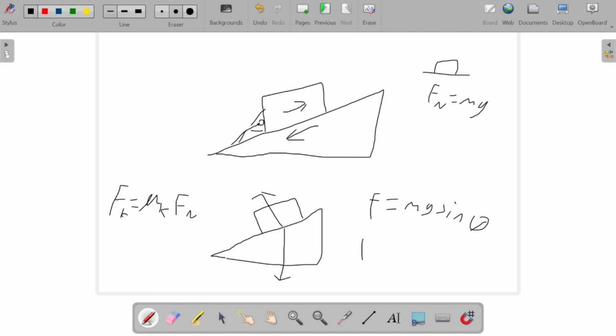The Fn, in this case, is going to be mg cosine theta, where I should say this angle is theta.